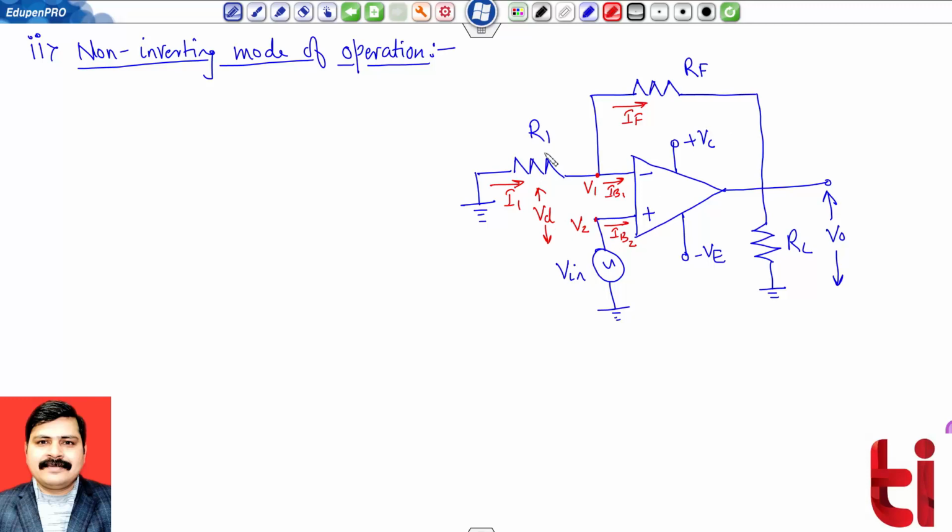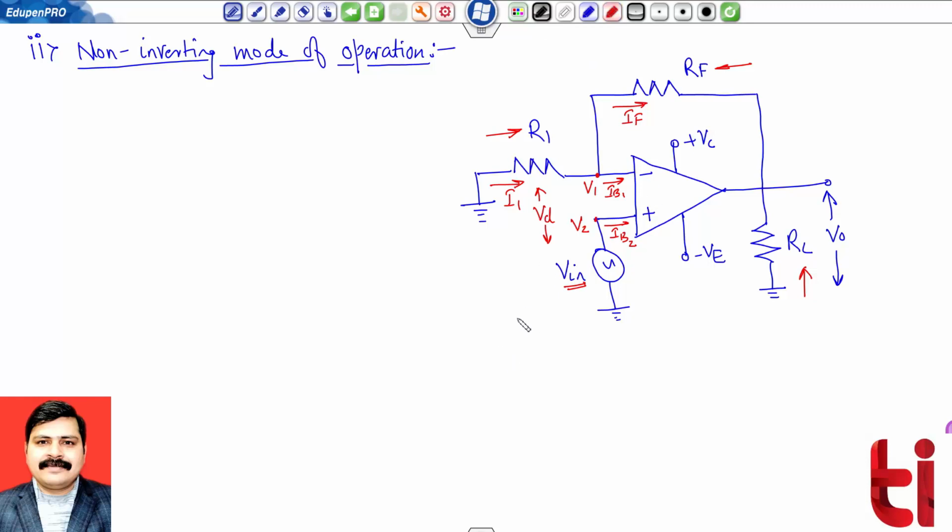I am not writing their details. This is clear: my series resistance, feedback resistance, load resistance across which we will take the output, and input we have applied to the non-inverting terminal.